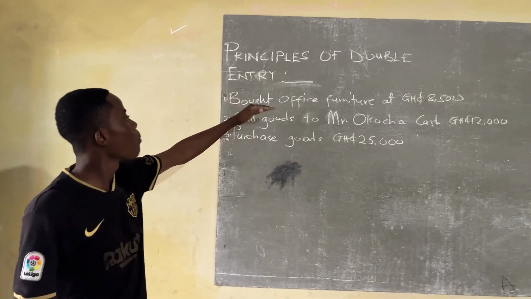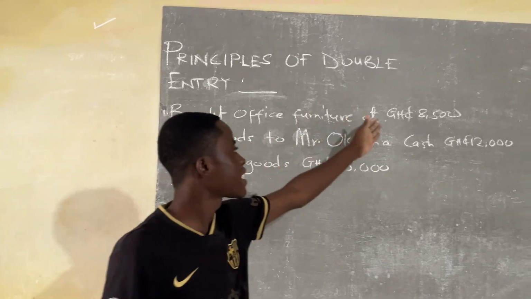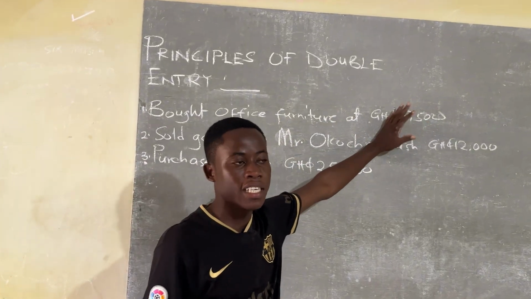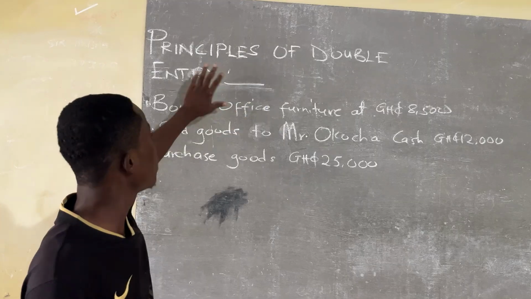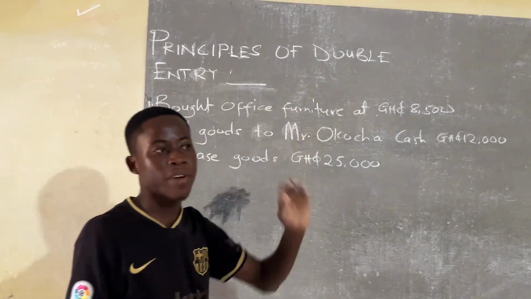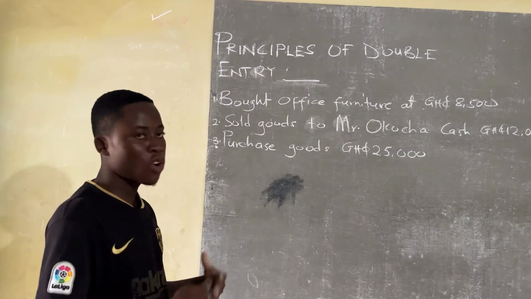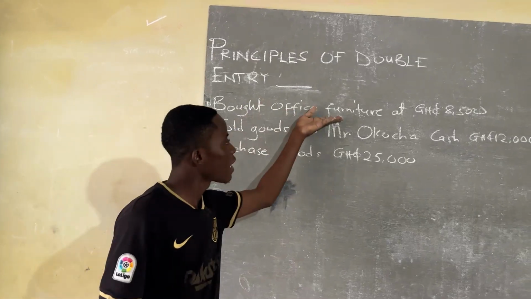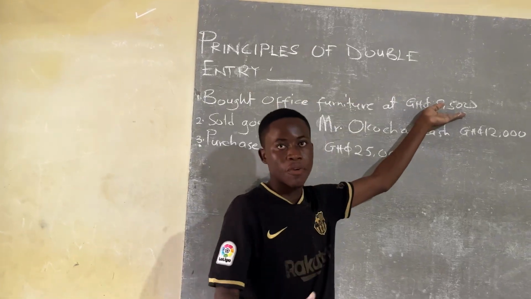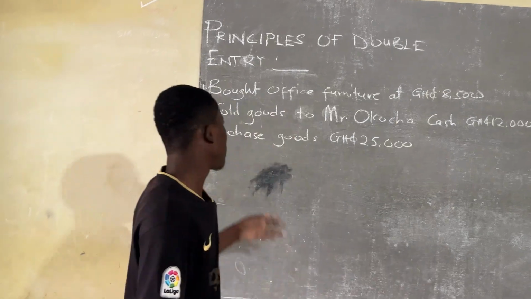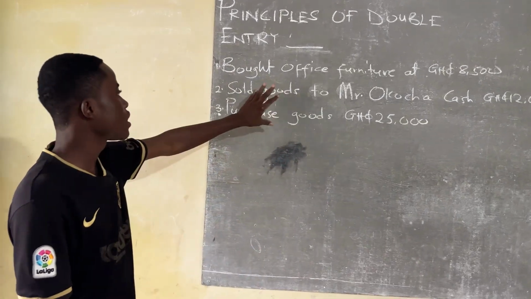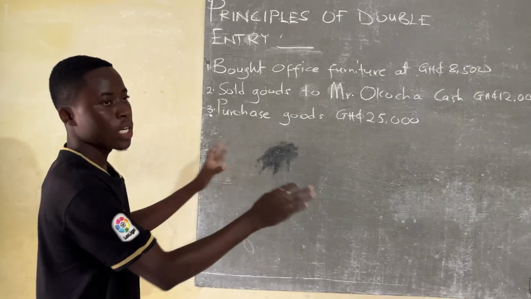transaction, we have what? Bought office furniture at 8,500 Ghana cedis. So we said with double entry, this transaction affects two books, which we can consider the office furniture and the cash involved in the transaction. So since it's affecting two books, let's open the account for the two books.